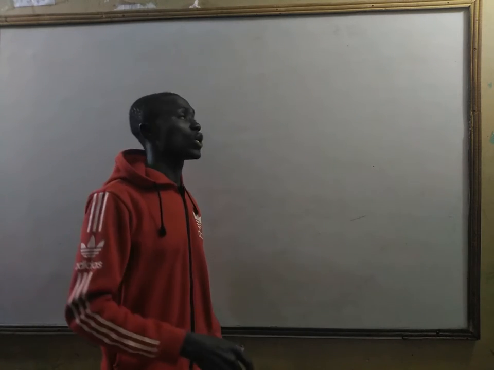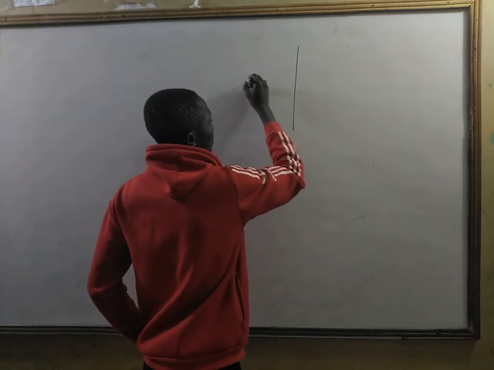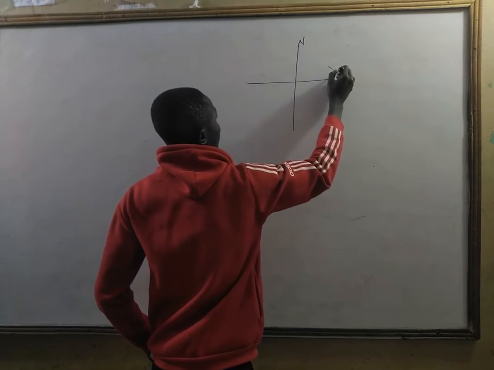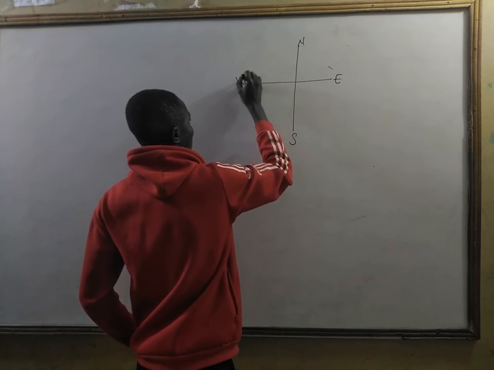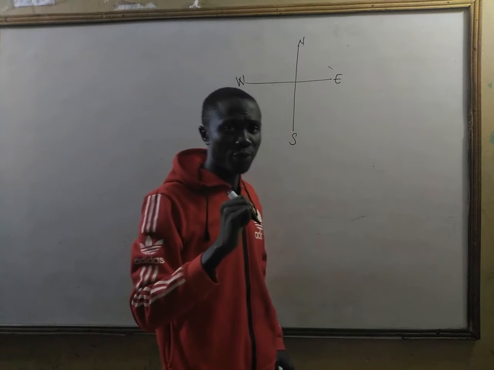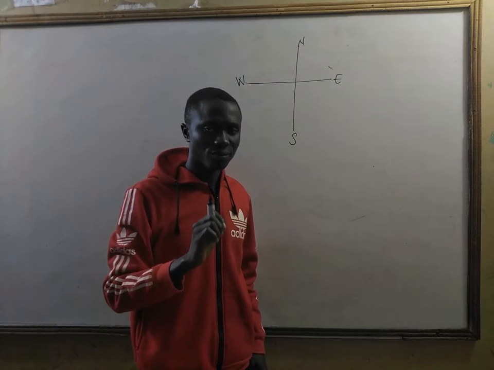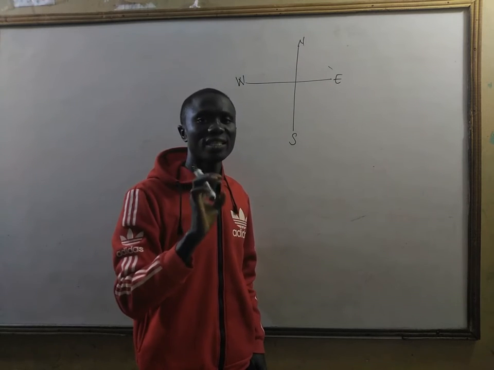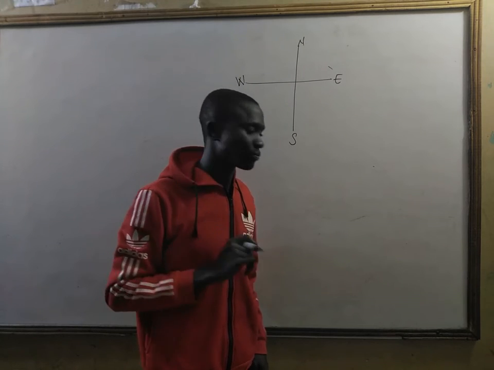Now, let's go on. You see that the cardinal points you have are north, south, east, and west. The compass bearing is based on the north and the south pole, right?